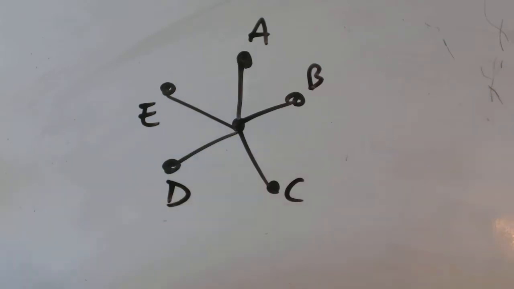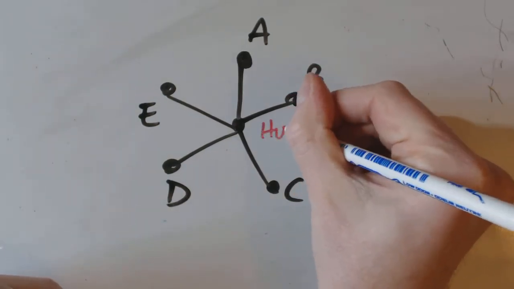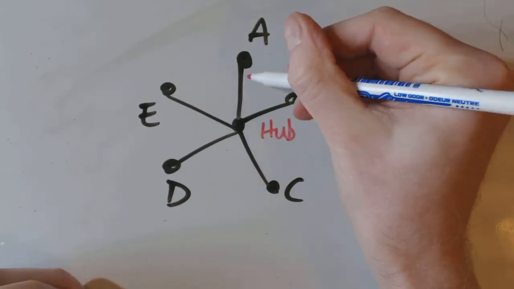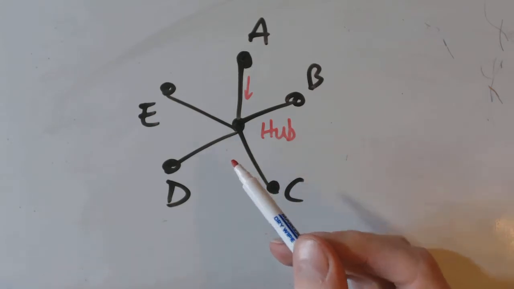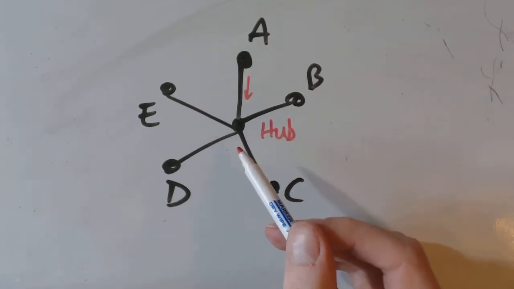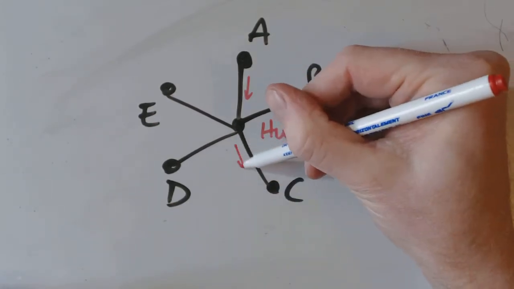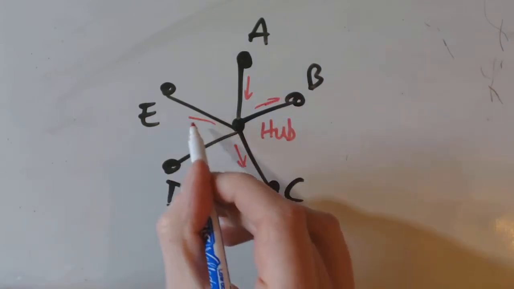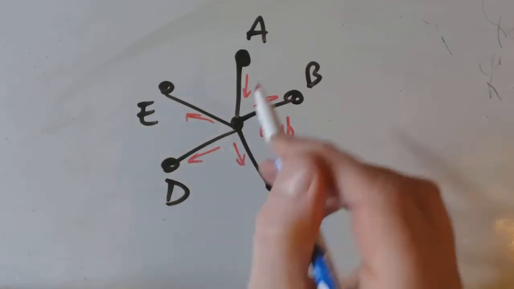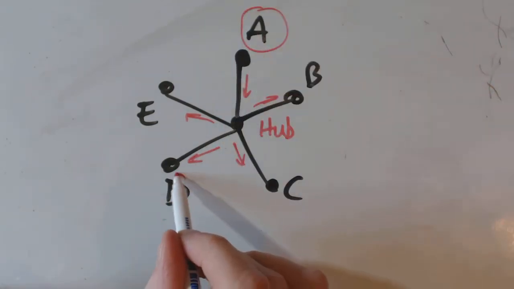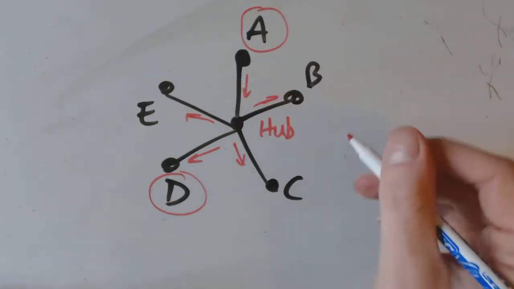Now imagine A wanted to send D data with a hub. If we make the central node a hub, the data goes from A to the hub. Now the hub's not very clever. The hub will send that data to any other node attached to it. So it'll send it to C, to E, to B, and to D, which is where we wanted to go from A to D. So a hub is cheap.